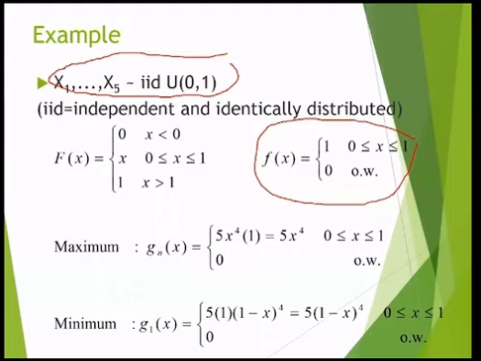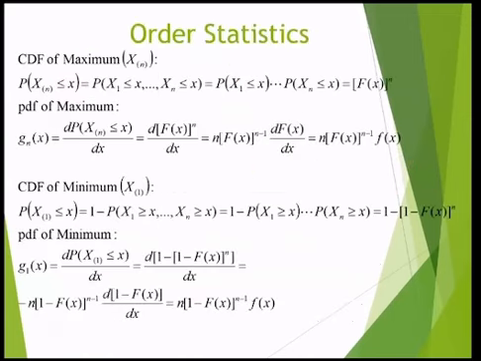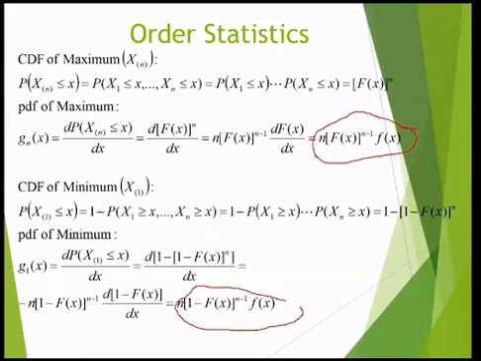Now, if a question is asked, obtain the probability distribution of the maximum, or the probability distribution of the minimum, please take notes. When you go back and look at the formula of the probability distribution of the maximum and that of the minimum, I need you to pay attention to something. There are two things in this formula.